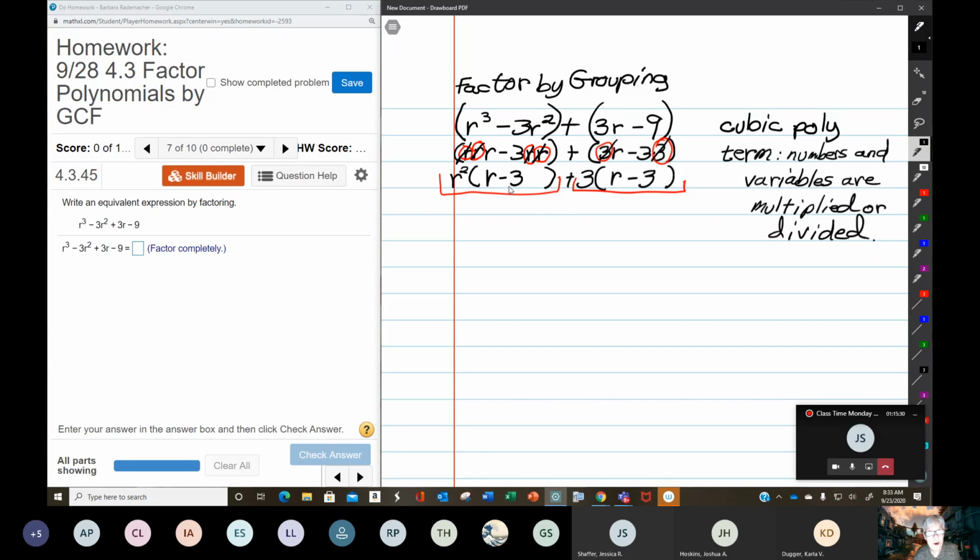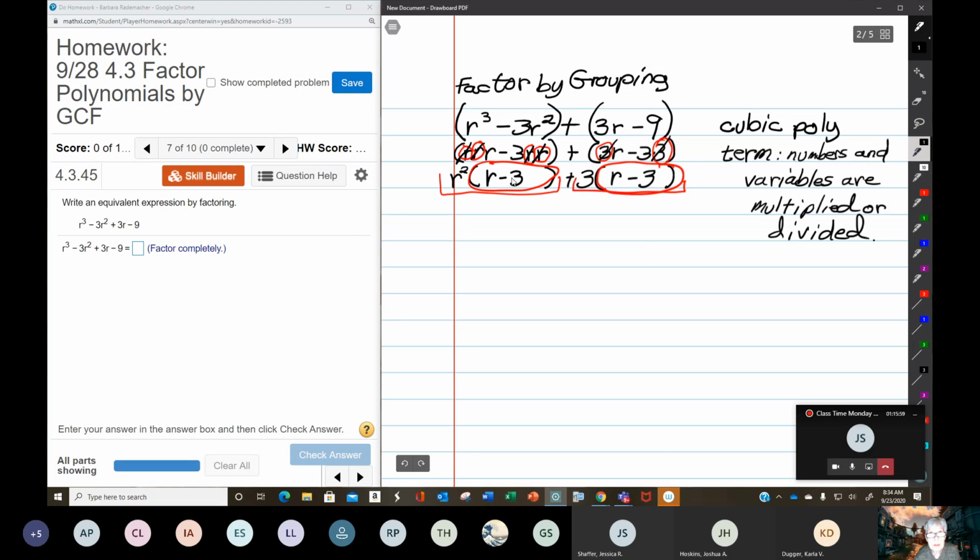And the answer is r minus 3. Look at this. R minus 3 in the first term and r minus 3 in the second term. That now is your GCF. It's a weird looking GCF. It's a binomial, but it's grouped together as one thing, so it's a GCF.